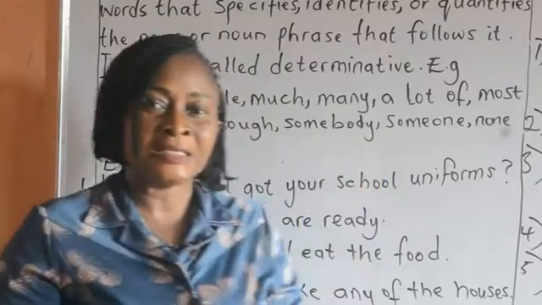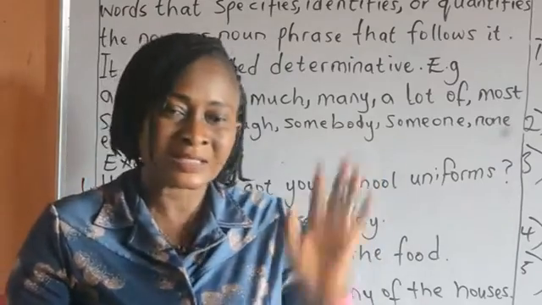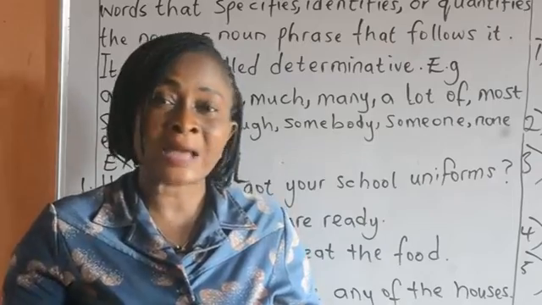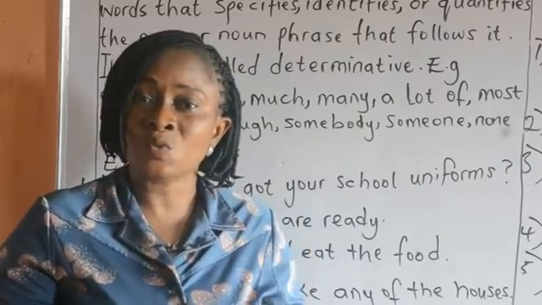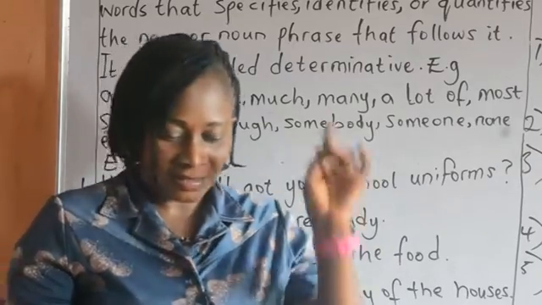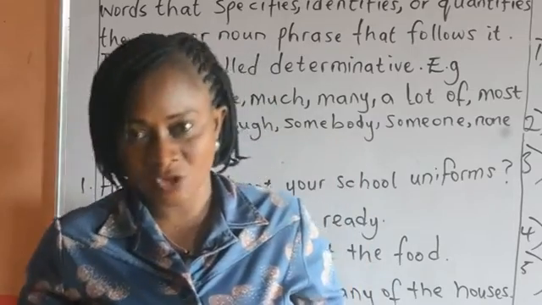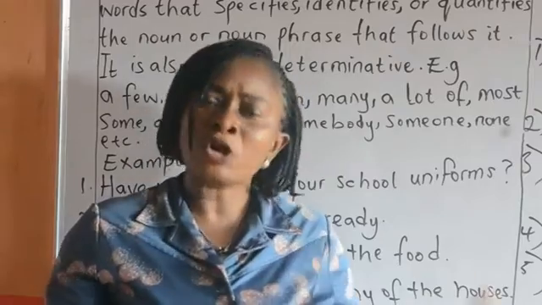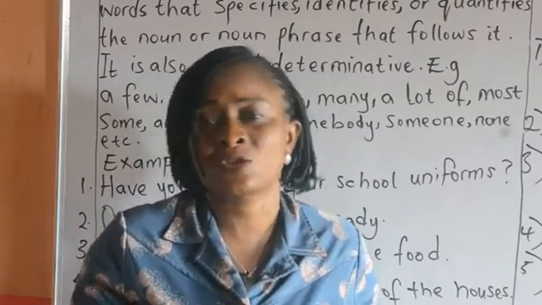So when you say this is the church, it means it's a particular church you are talking about. So among the 6 types of determiners, the first one is the definite article. Then we also have the indefinite article.